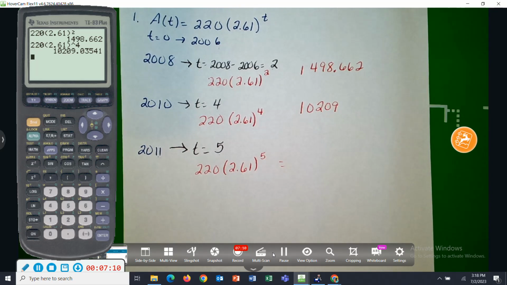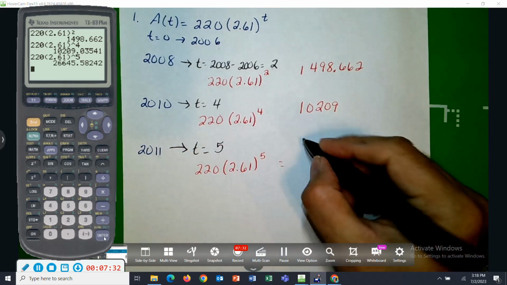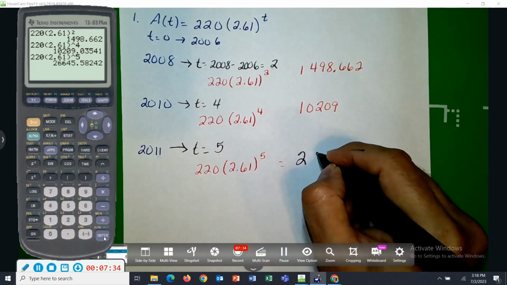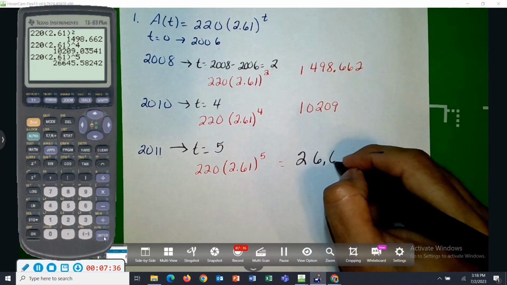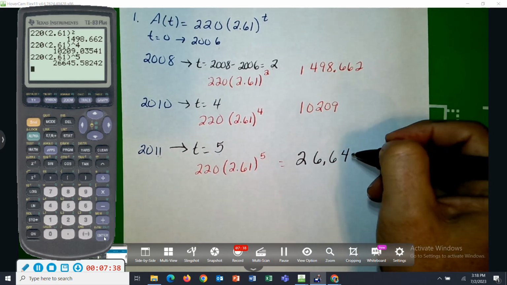Should we expect more or less? Well, we should be expecting more than the previous answer. 220 times 2.61 raised to the 5th power. 26,645.something.